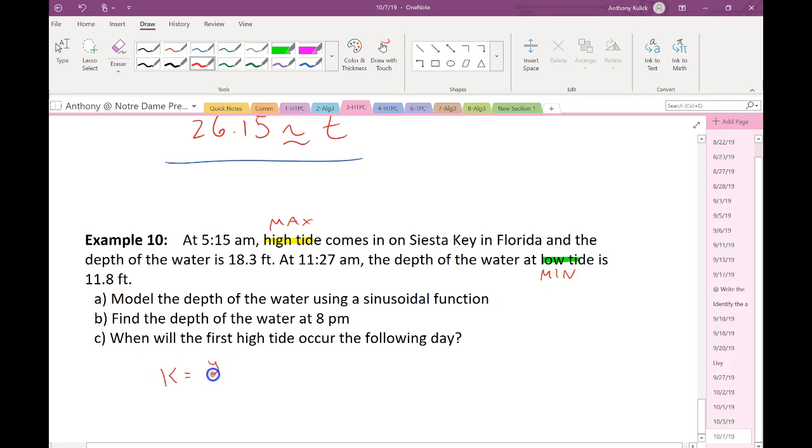So I know that K is Y max plus Y min over 2, which is going to be 18.3 plus 11.8. And when I compute that out, I have it here in my notes already, so I don't need my calculator, I get 15.05.